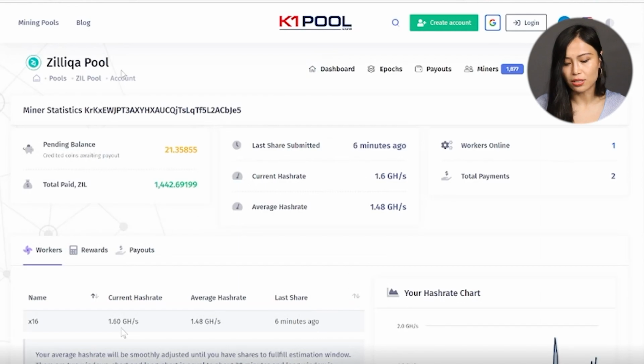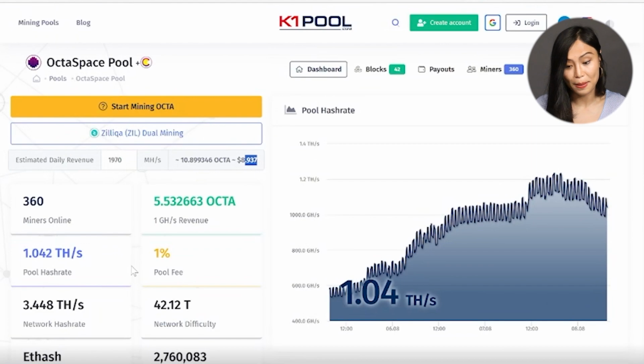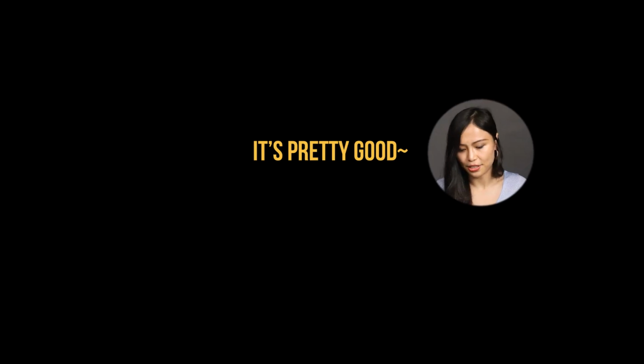When you're mining ZIL, it's totally different. It's quite a bit lower compared with mining ETC alone. So I'm using a calculator, as you can see. Whether mining ZIL or ETC, approaching 2000 megahash, you can get almost $9. Yeah, that's pretty good.